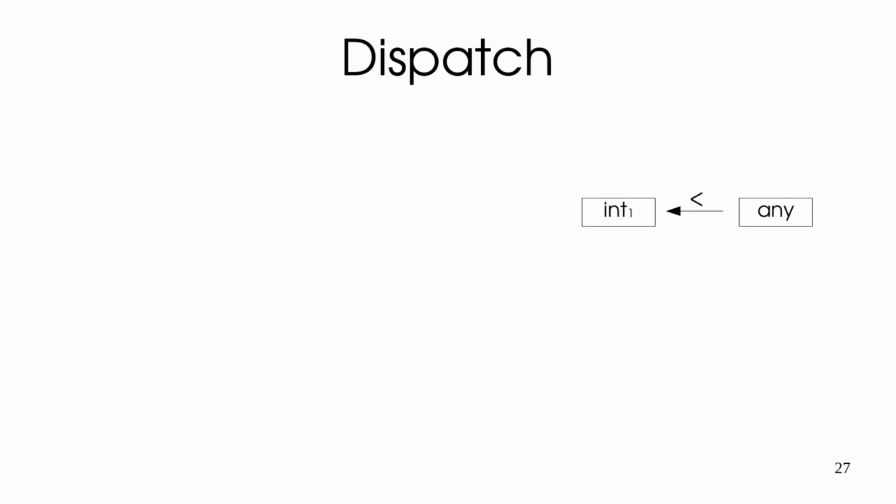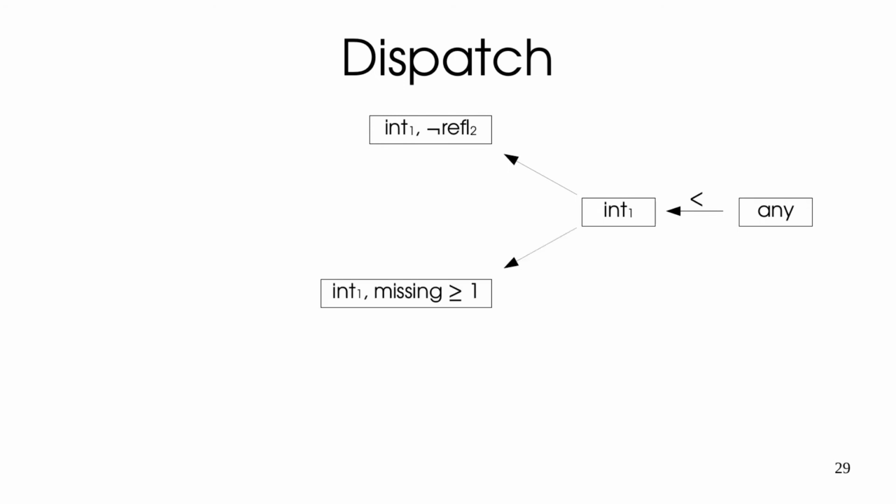And in this case, let's say there is a version that assumes that the first argument is an integer. Then we will add a new version, which additionally assumes that the second argument is non-reflective. This one is again smaller. We have another not comparable version, which assumes that at least one argument is missing.